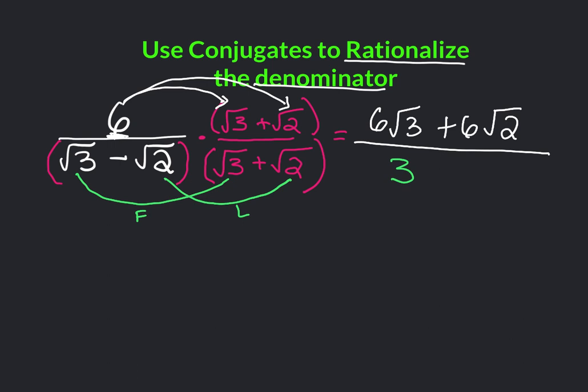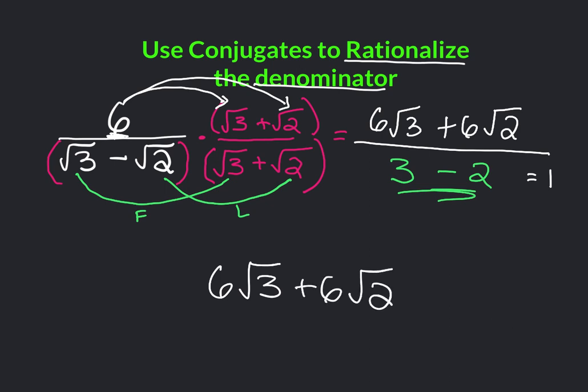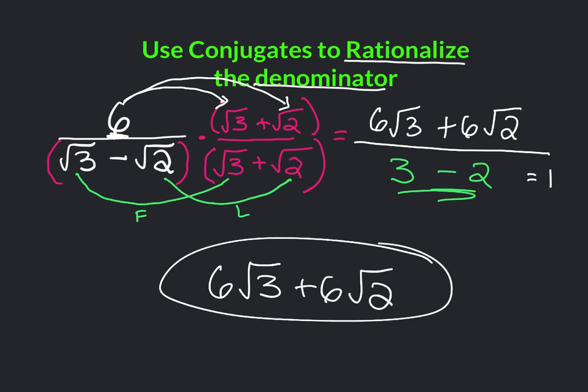Okay, and then negative square root of 2 times the square root of 2 is just minus 2. Now I don't have any radicals, and 3 minus 2 is 1. So if this turns to 1, well, dividing by 1 means I don't even have a fraction. So 6 square root of 3 plus 6 square root of 2 is simplified after I rationalize the denominator.